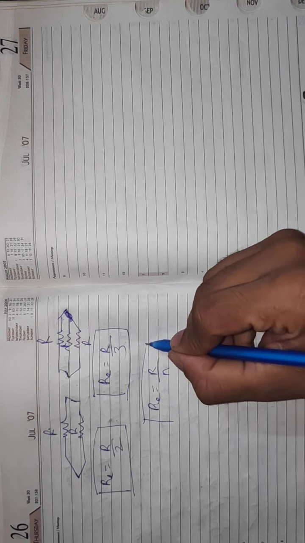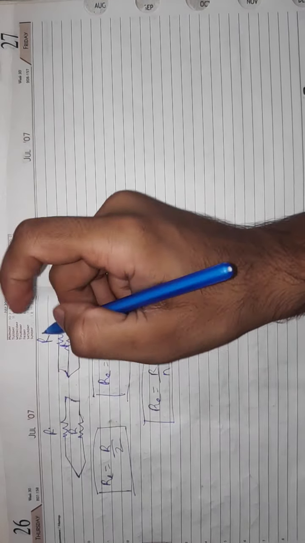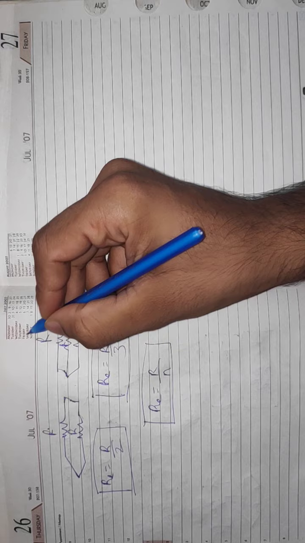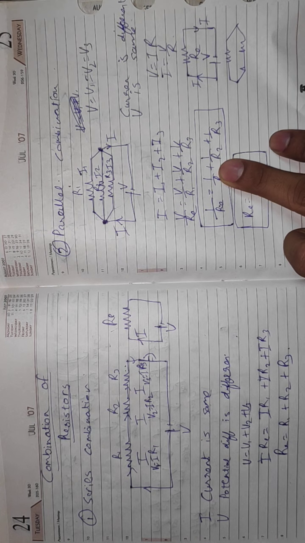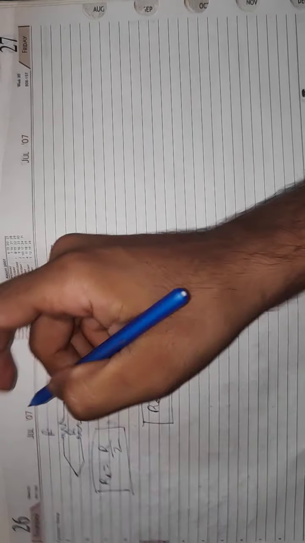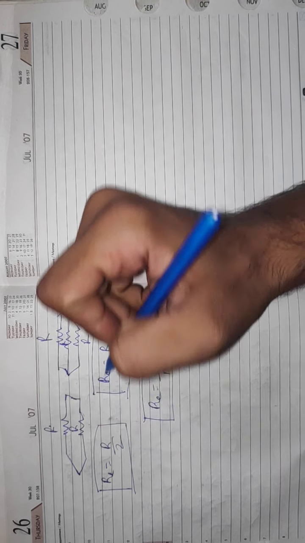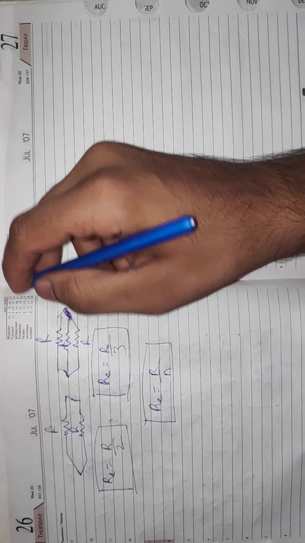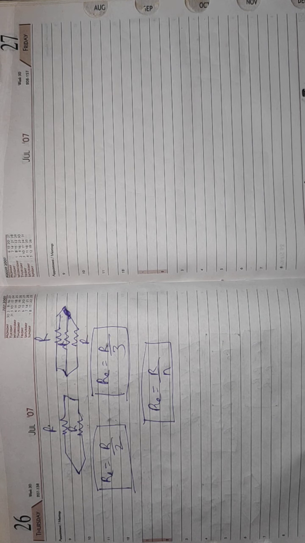When is this condition correct? Only if the values of all the resistances are equal. If the resistances differ, then you need to use the whole formula. But if all the resistors are the same, then you can directly write this formula. It will be very quick, so that you can calculate while solving the sums in your competitive exams.